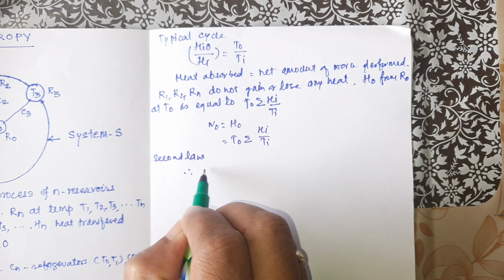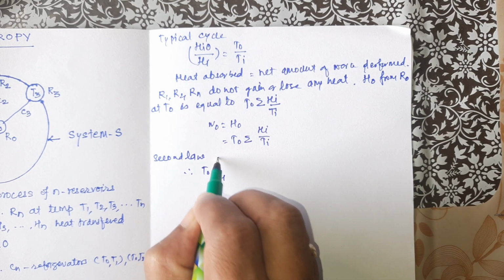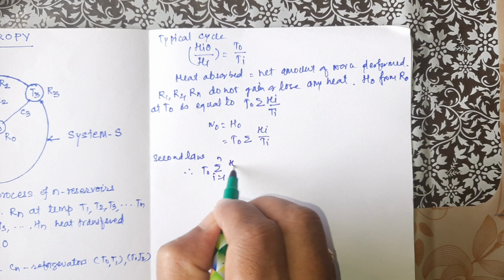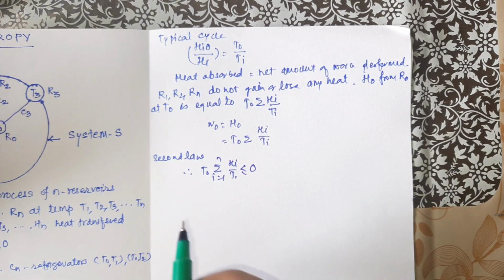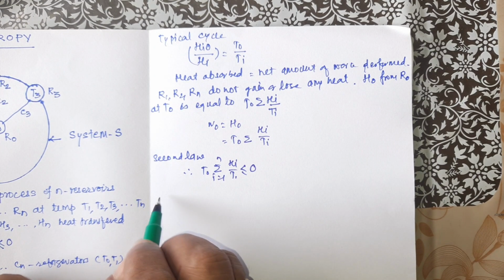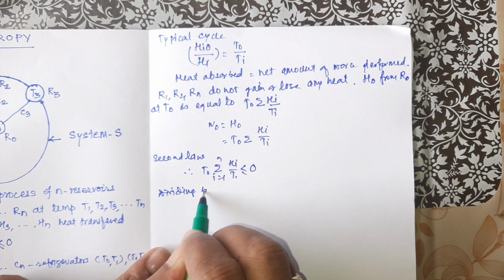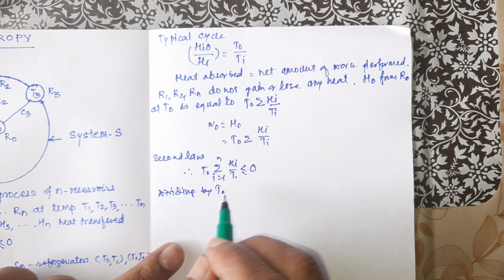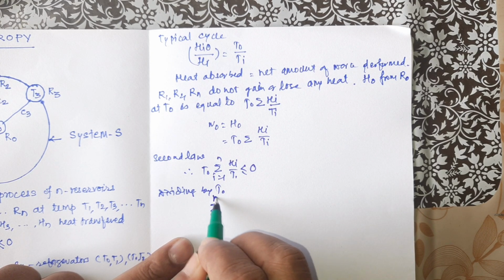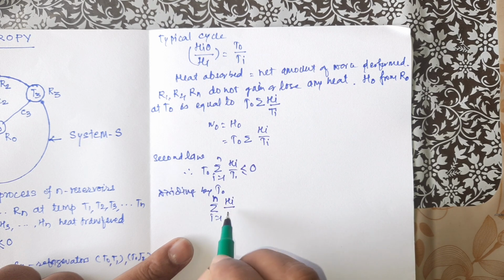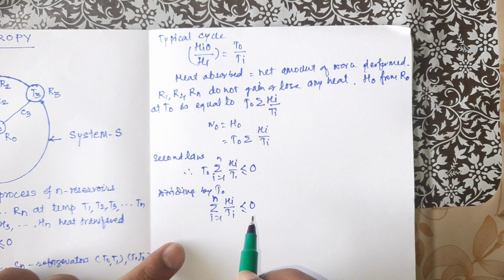Therefore T0 summation of i going from 1 to n of Hi upon Ti is less than 0. So dividing by T0, we can write summation of i going from 1 to n of Hi upon Ti is less than 0.